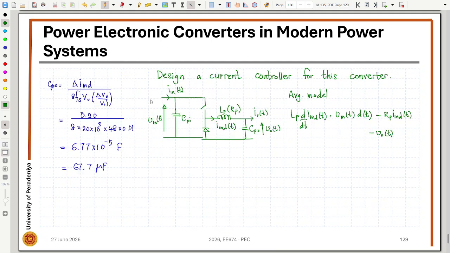Since we have connected the input source as the PV system, we won't be able to assume that the input voltage is constant. Therefore we have to go for the operating point model. So it will be Lp dI inductance over dt, with perturbation.